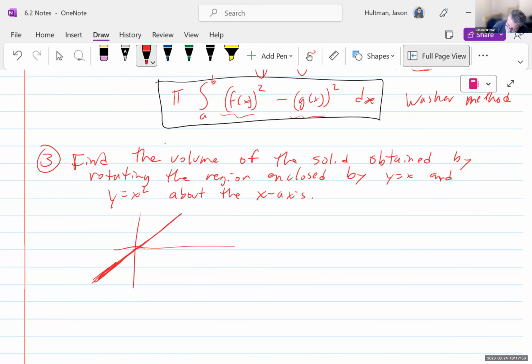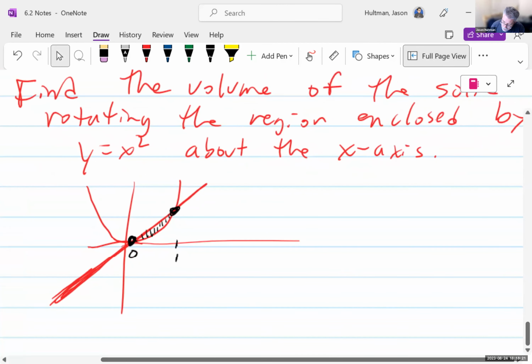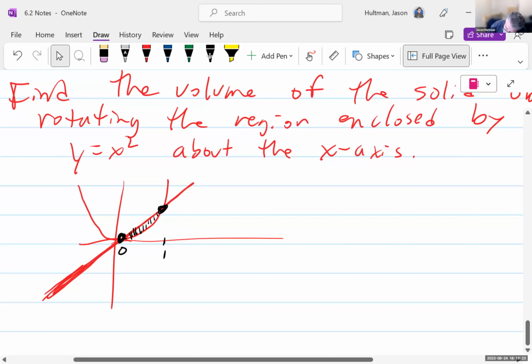That's just my parent function parabola, my run-of-the-mill parabola. But what happens? Well, it intersects. It intersects where? It intersects at 0 and 1. And I get this nice little area in between.